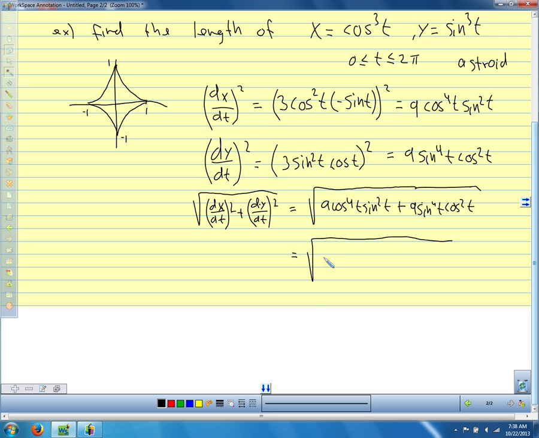Take out the 9. Okay, there's a good start. Cosine squared t and sine squared t. And then what are we left with when we take those factors out?